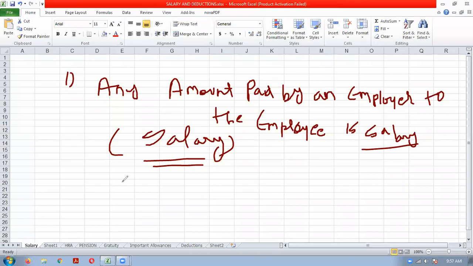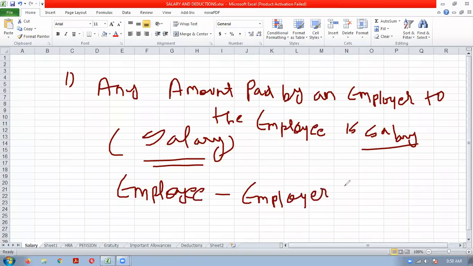So anything which has monetary value, if it is paid by an employer to an employee, will be salary. For any income to become salary income, there should be an employee-employer relationship. If it is there, then that income will become salary income.